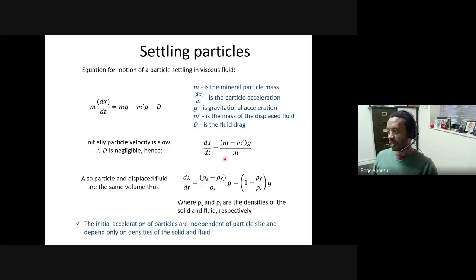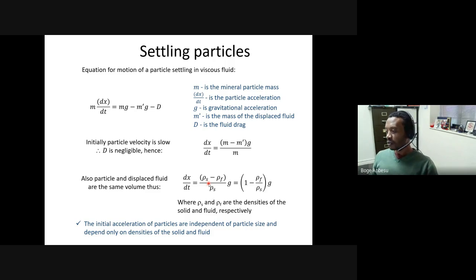Okay, so in this case, because the particle displaces the same volume of fluid, so fluid volume is the same as particle volume. So you could actually say acceleration is dependent on just the density of the particles and the density of the fluid they are displacing.